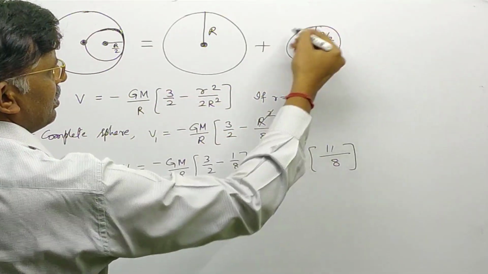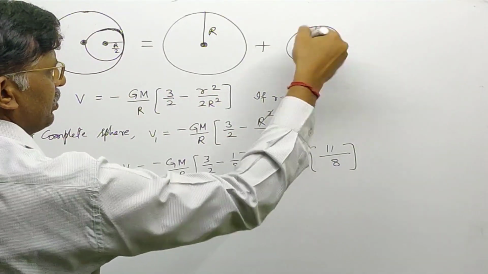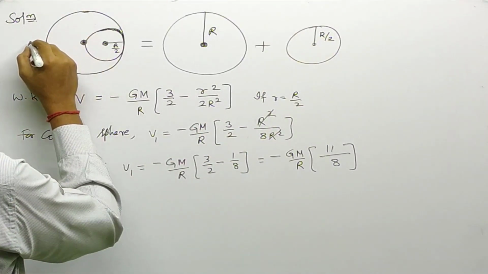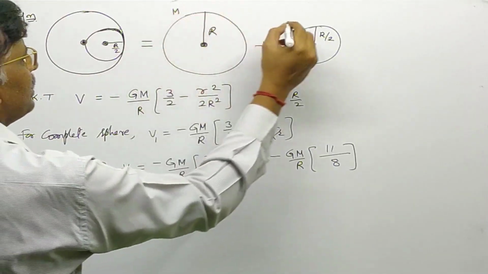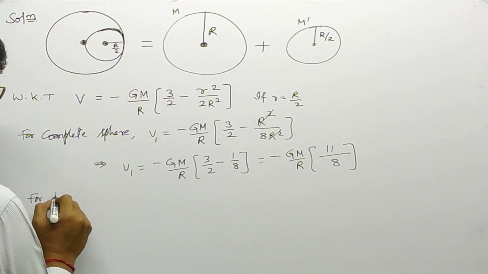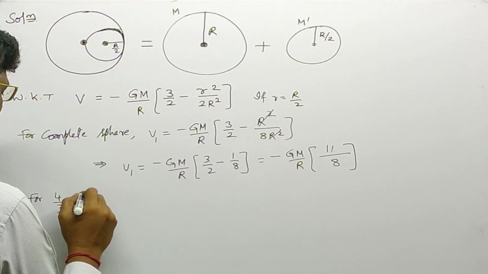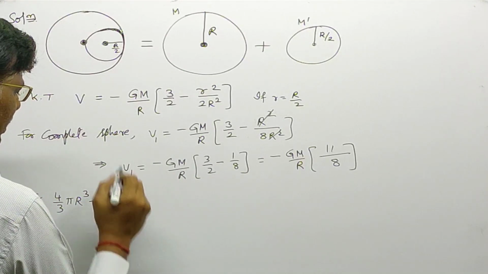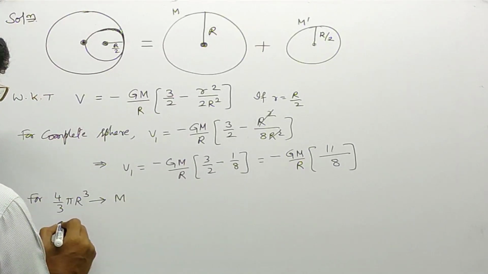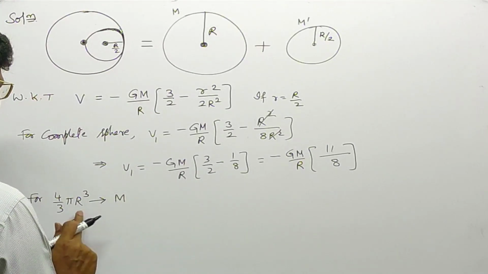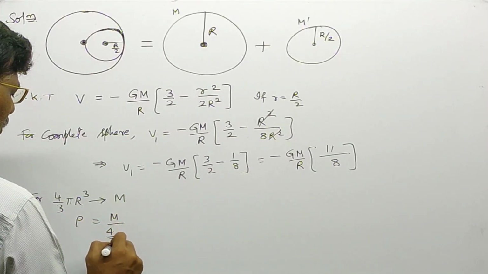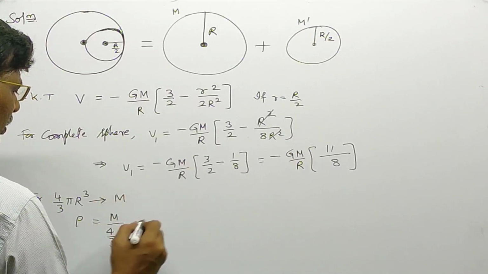Next, potential at the same point due to the removed portion. Let us first assume that the mass of the complete sphere is M. The mass of the removed portion we assume as M dash. For total volume 4/3 pi R cube, the mass of the sphere is M. Therefore mass per unit volume, rho, is equal to M divided by 4/3 pi R cube.